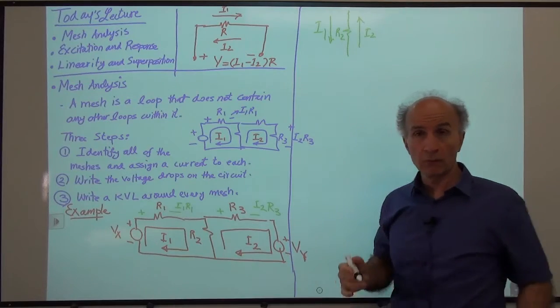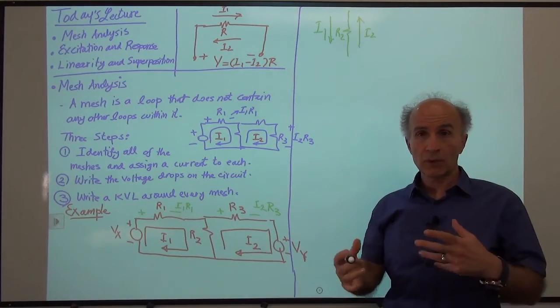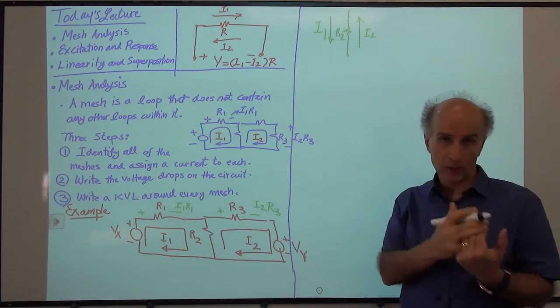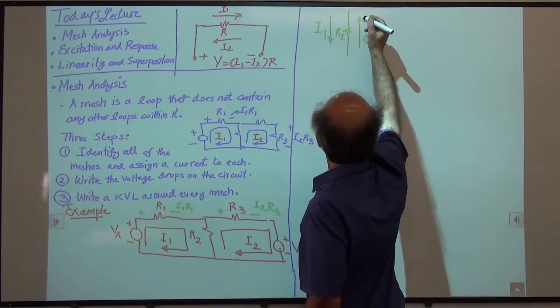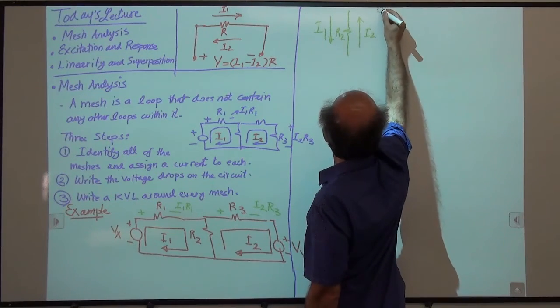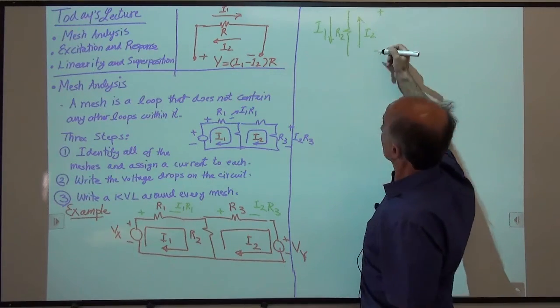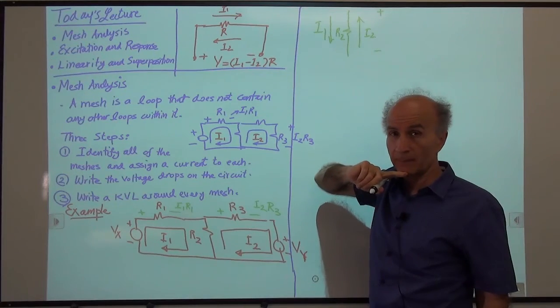And we would like to find the voltage drop across R2. First, we have to decide where we want to place the positive end of the voltage and where the negative end of the voltage. It's arbitrary. So for example, I will say my voltage will be like this, plus and minus. This is my voltage, and I want to find this value, the voltage that I have across R2.